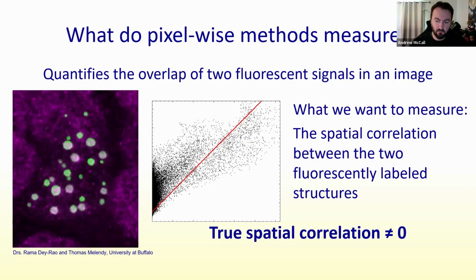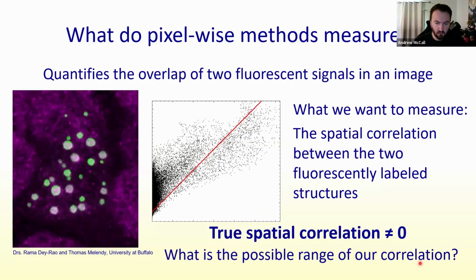A lot of people will argue that the range of that correlation is defined by the resolution of the image. And in some cases that might be true. However, you can see in this image here that we have aggregates, protein aggregates. So that is not true with this particular image. When we have aggregates, we're no longer limited by our range, but by the size of these aggregates.